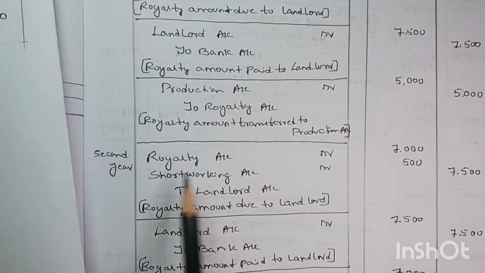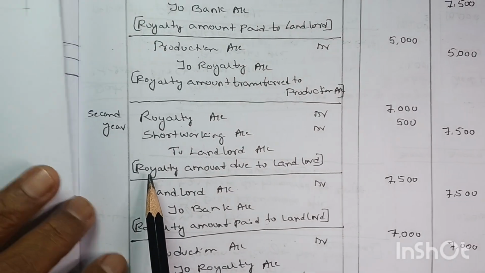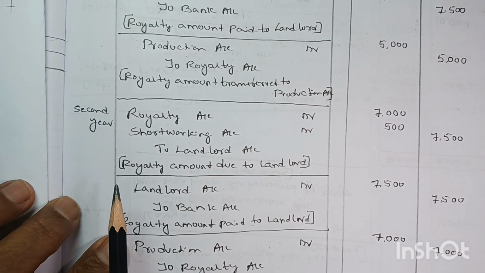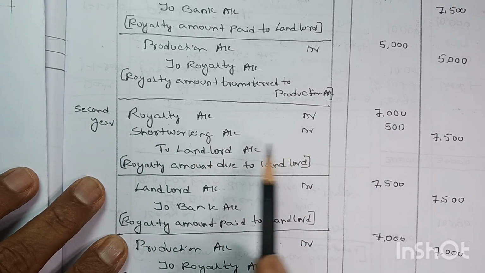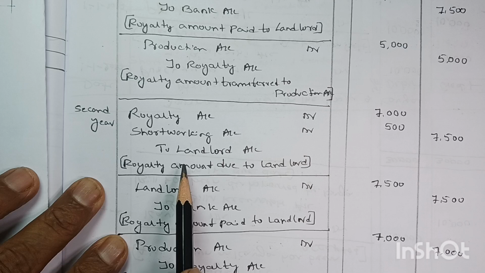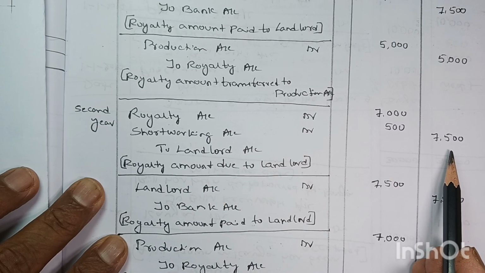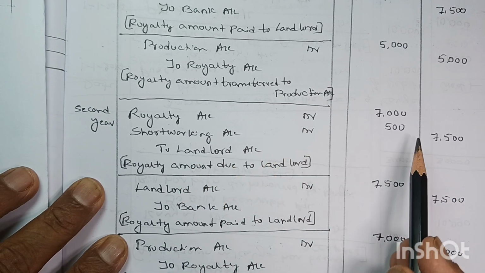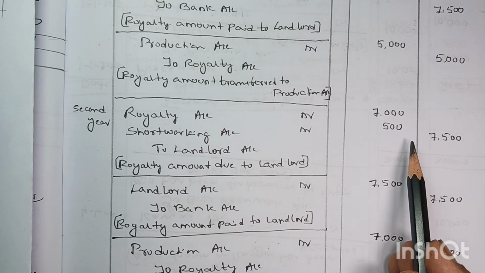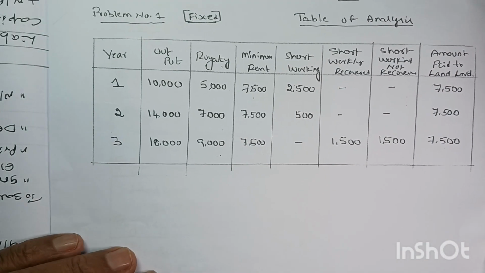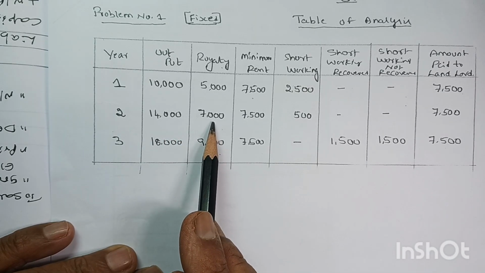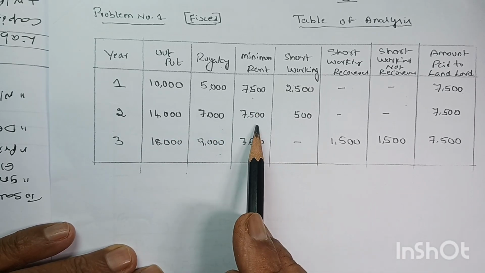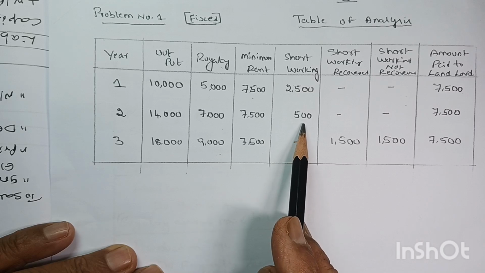Now the second year: royalty account debtor 7,000, short working account debtor 500, to landlord account 7,500. If you have any doubt, you just refer to your table. Here you see, in the second year, royalty is 7,000, minimum rent is 7,500, short working is 500.